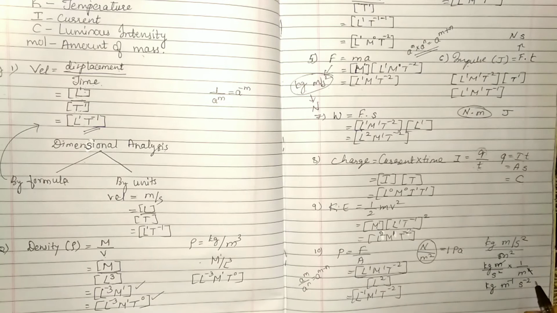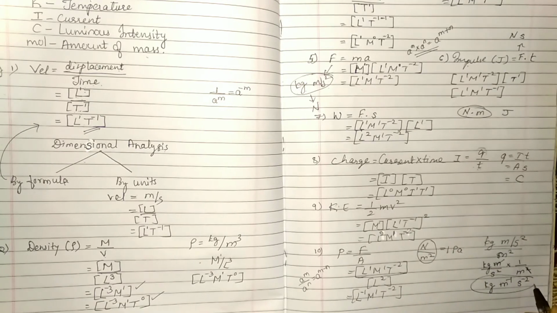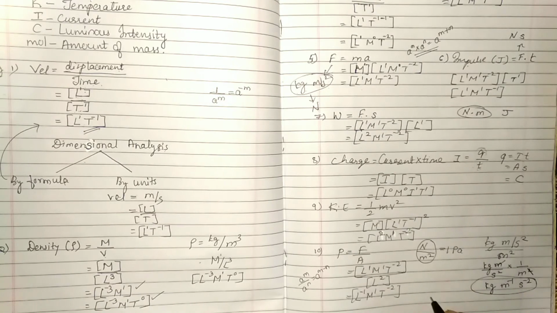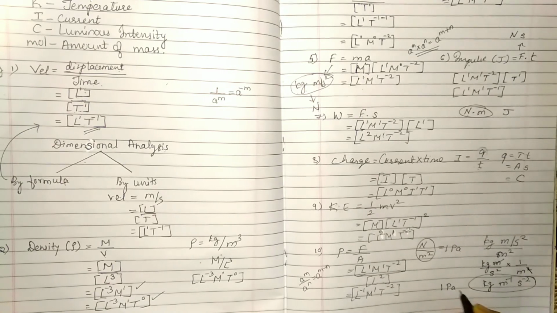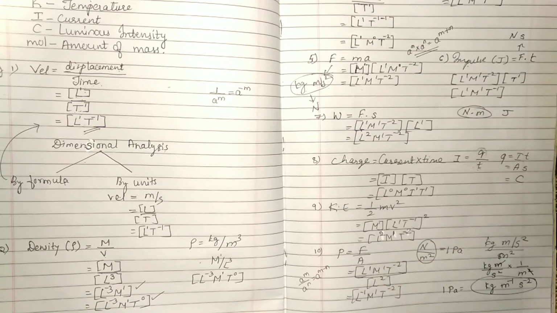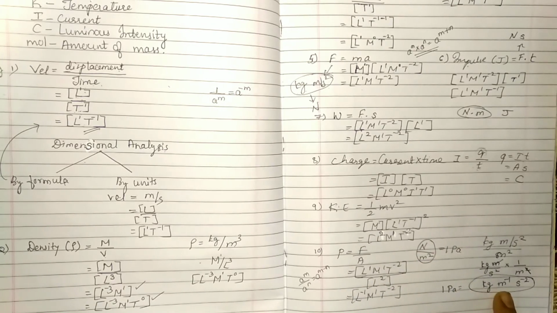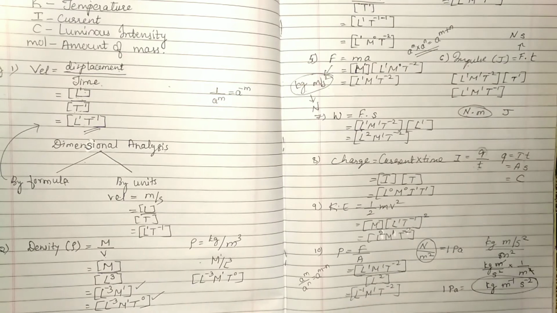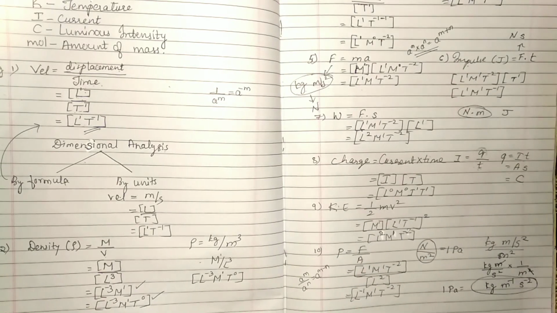According to me, in your textbook it is written wrong, so better you correct this in your textbook. So it is nothing but 1 Pascal. 1 Pascal is nothing but Newton per meter square or kg per meter per second square.